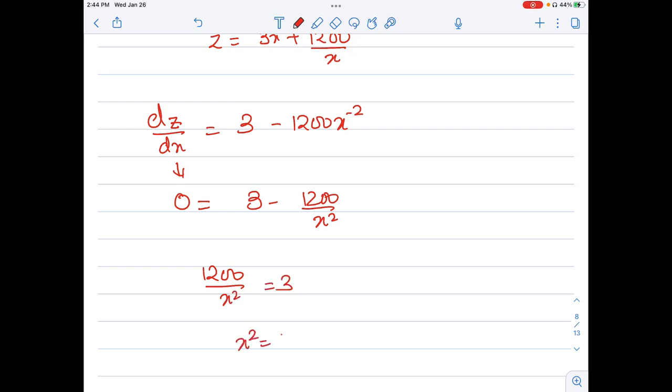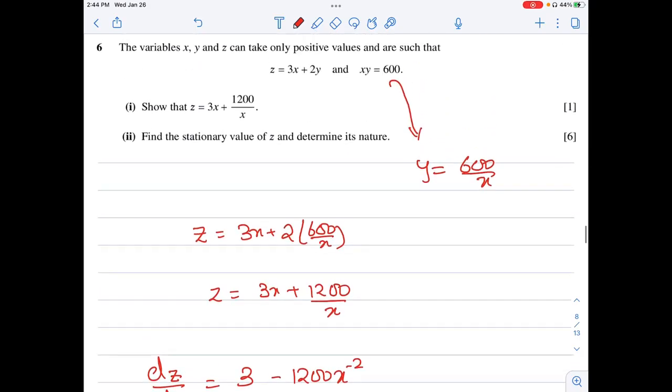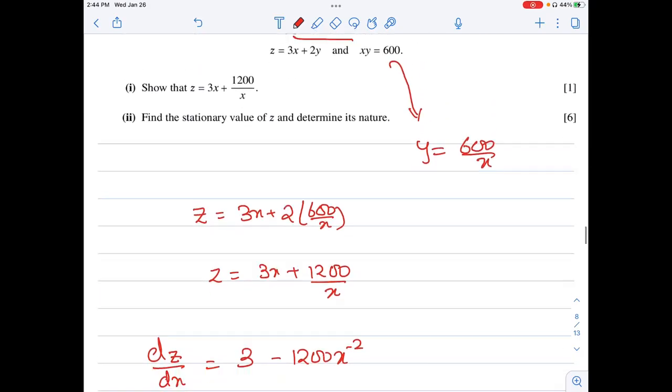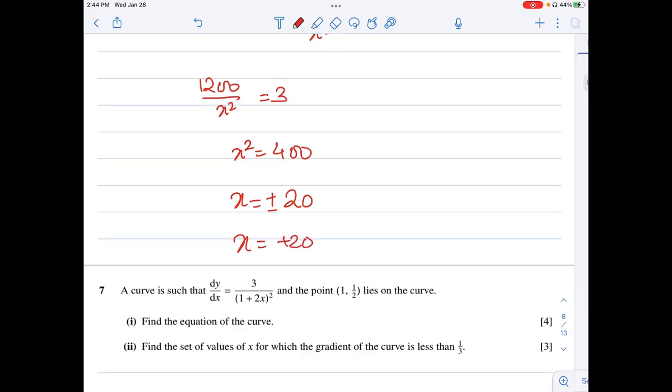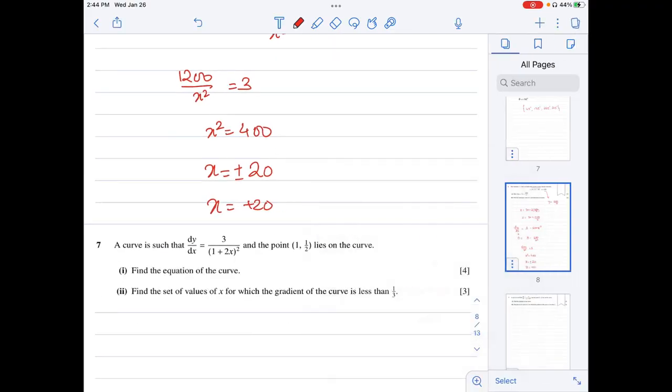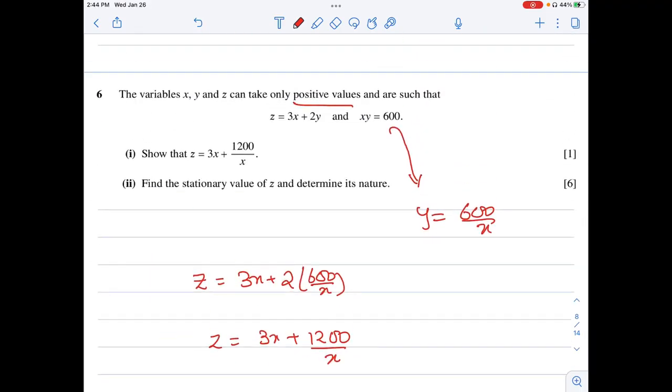X square equal to 400. So x is equal to either plus or minus 20. But I consider plus 20 only, because these are positive values. So the negative value is not considered. So x is equal to positive 20. What is he asked? Find the stationary value of z and determine its nature.